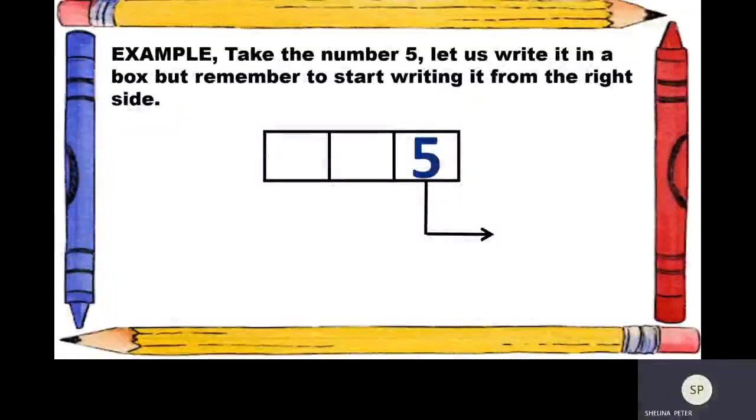So we saw that 5 is a 1-digit number as only one box is used to write the number 5. Now let us see what is the place value of 5. Can you see this arrow? So let us find out what is the place value of this number 5. I hope you remember. Guess the answer. Very good. It is at ones place.